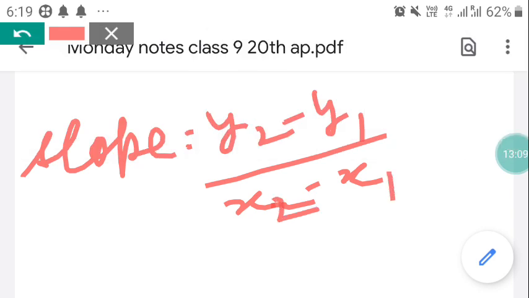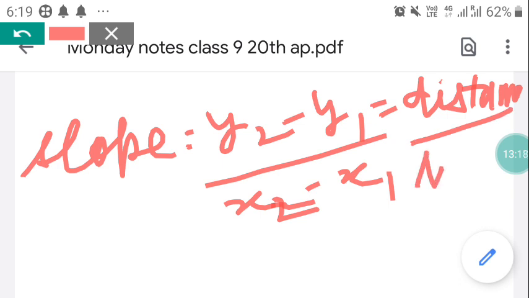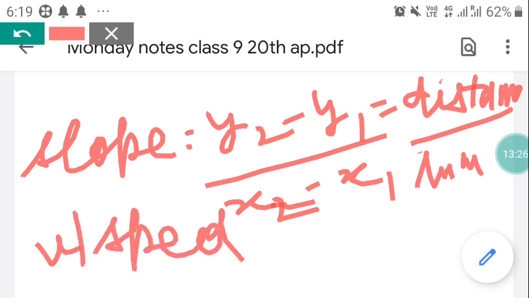In case of a distance time graph, y2 minus y1 is distance and x2 minus x1 is time. As we know, distance upon time is velocity or speed. So that's why we say the slope of a distance time graph gives velocity or speed.